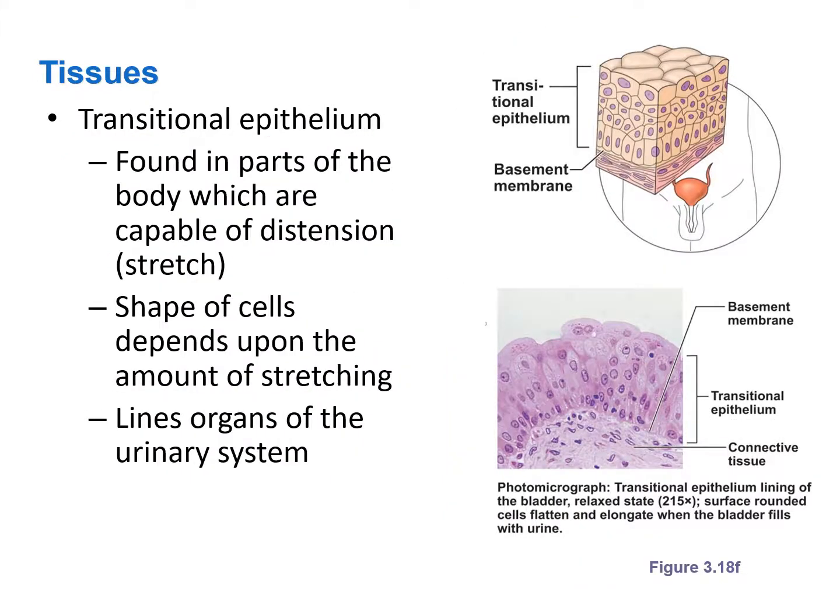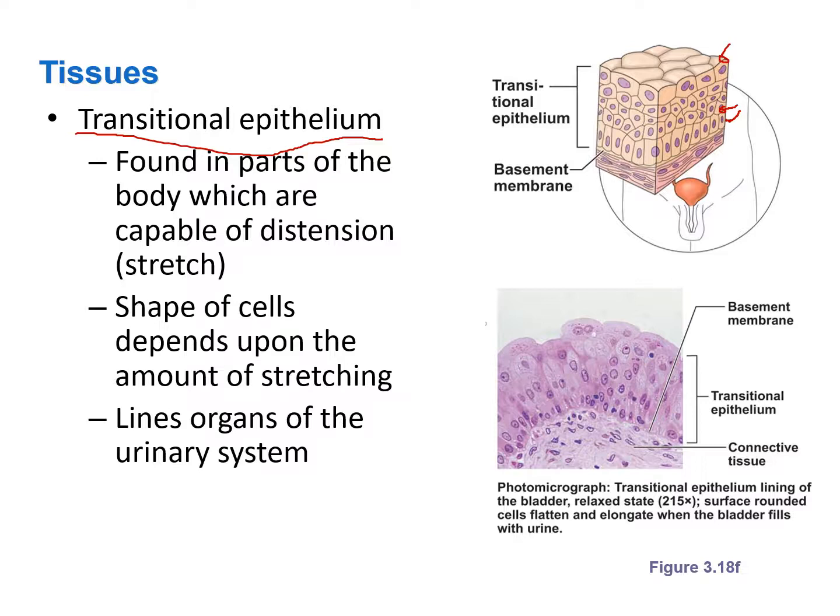All right, the other one is called transitional epithelium, and these are kind of pretty cool, because some of these may look like they are columnar, some of them may look a little bit cuboidal, and some of them may even look kind of squamous.